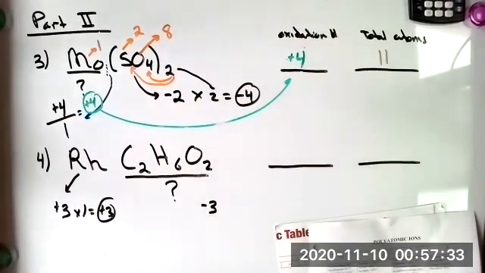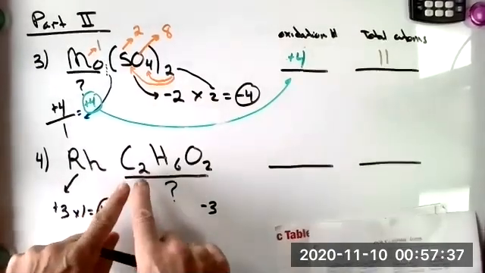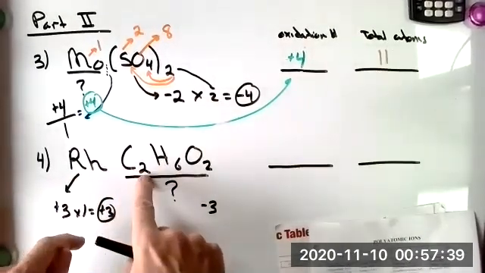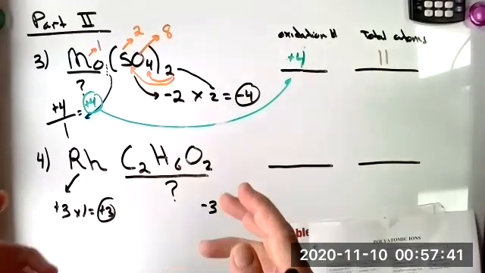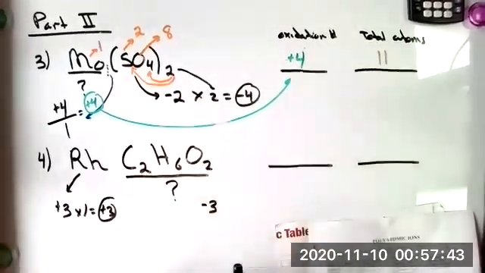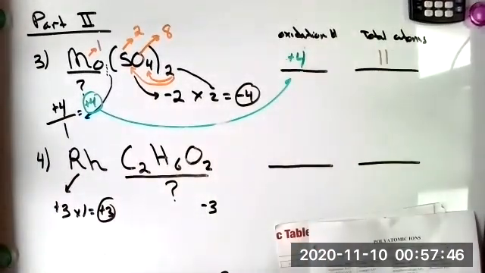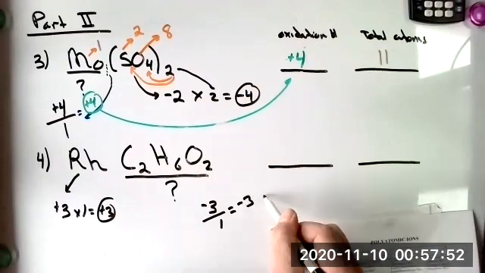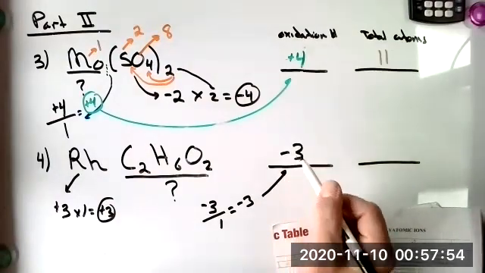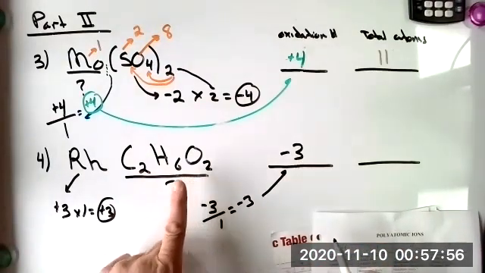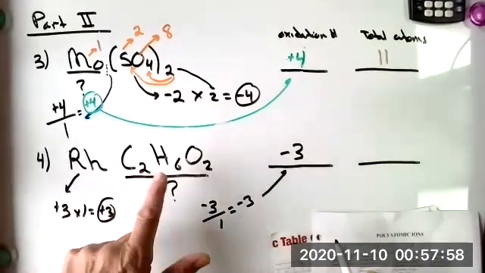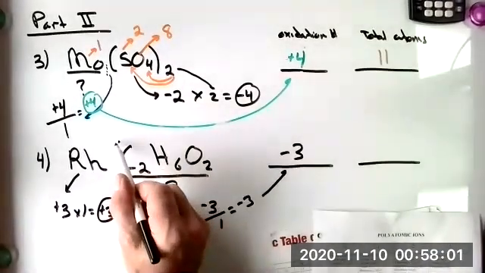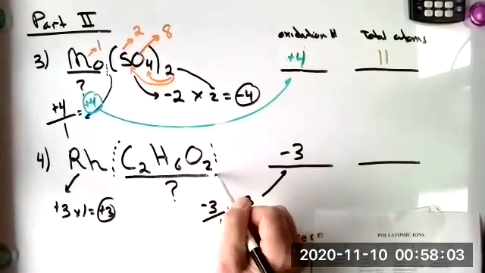And here's where it gets a little tricky. You have to look carefully and see how many C2H6O2s are actually there inside this formula. And there's only 1 of them. You can't say there's 2, because if there was 2 or more of these, there would have to be some parentheses in here.